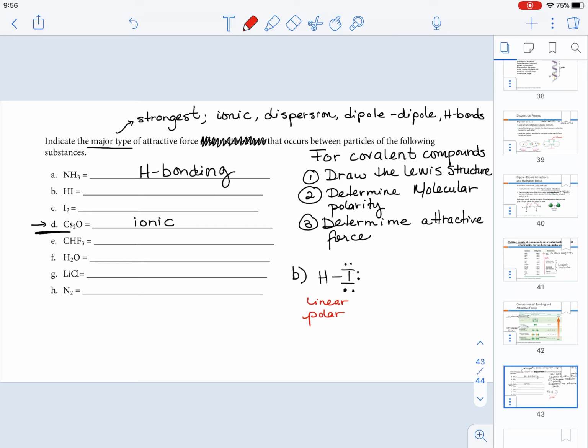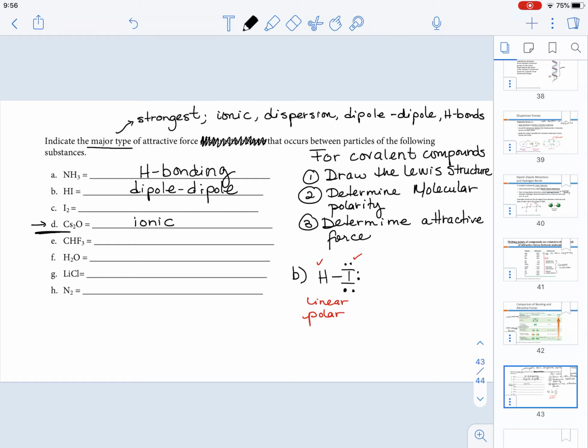Then I have to tell myself, if I have a polar molecule, the only choices that I have for the strongest attractive force are dipole or hydrogen bonding. Because in this molecule, the hydrogen is bonded to iodine and is not bonded to fluorine, oxygen, or nitrogen, this is going to be a dipole attraction if I have two molecules of HI.